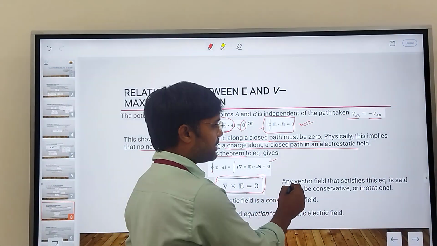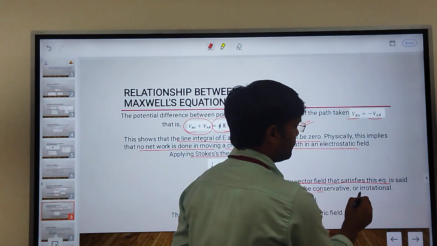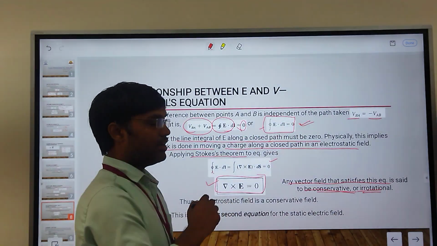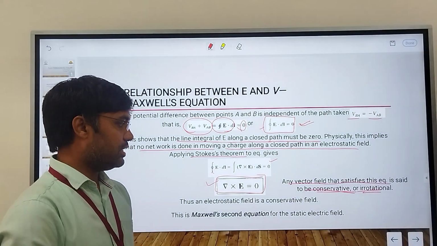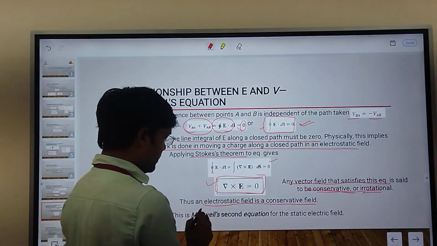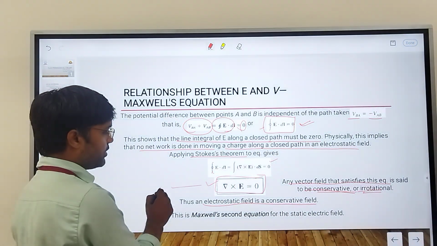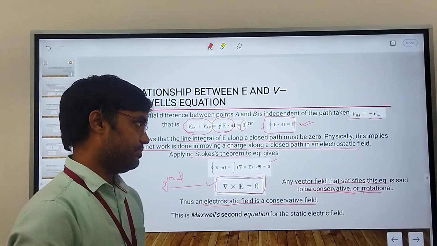This means that the vector field is conservative or irrotational. If the curl of any vector field is equal to 0, that means it is conservative or irrotational. Thus the electrostatic field is a conservative field, and this equation is the second of Maxwell's equations in the case of a static electric field.